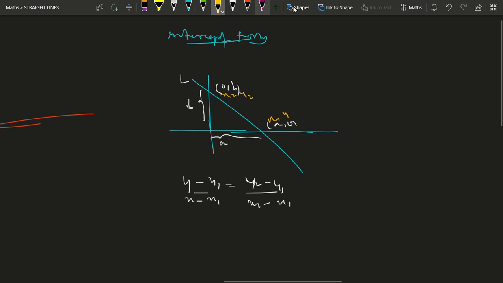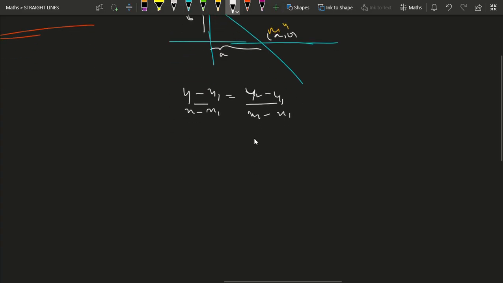After solving, the final result I will write is x by a plus y by b equal to 1.